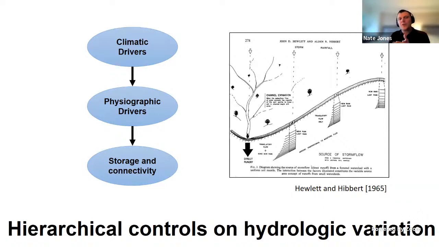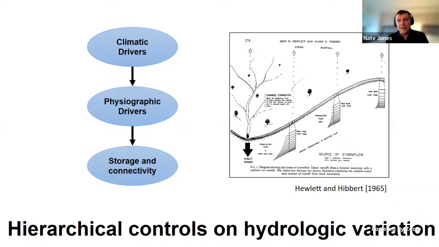In that same paper, they also talked about hierarchical controls on rainfall runoff and the associated hydrologic variation. And so we've been revisiting this with multiple collaborators, but thinking about the very top drivers, your climatic conditions, the balance of precipitation and evapotranspiration, and then moving down from there, thinking about physiographic drivers.